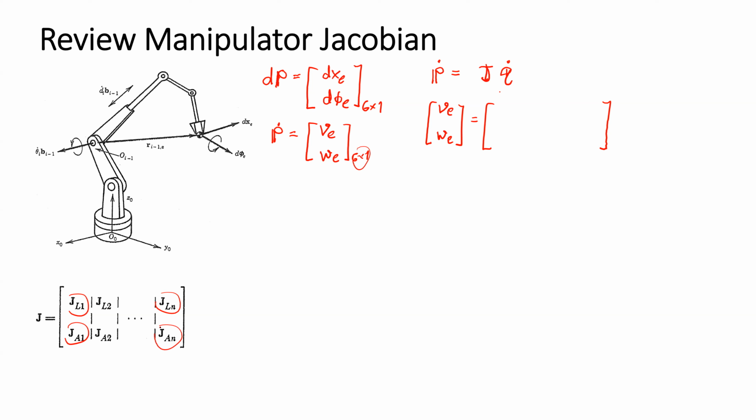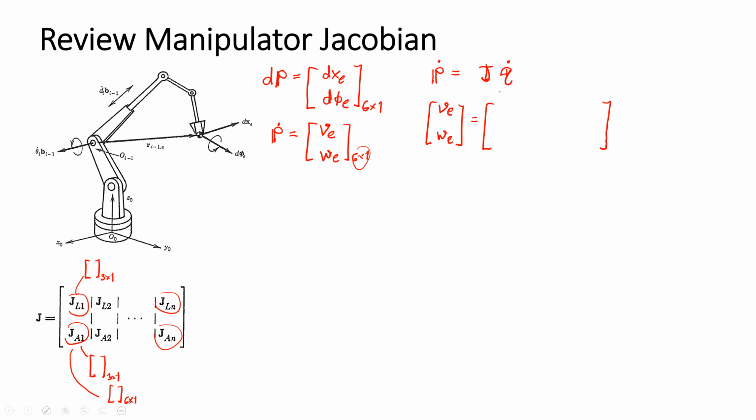One column of the Jacobian matrix is composed of a 3 by 1 vector of the Jacobian for the linear velocity and a 3 by 1 vector for the angular velocity, which means each column of the Jacobian matrix has the dimension of 6 by 1.